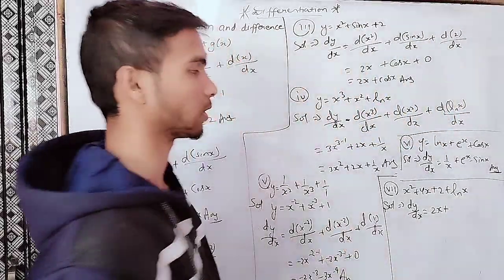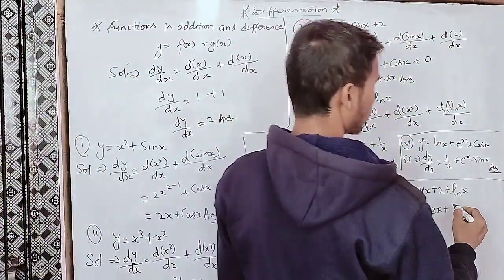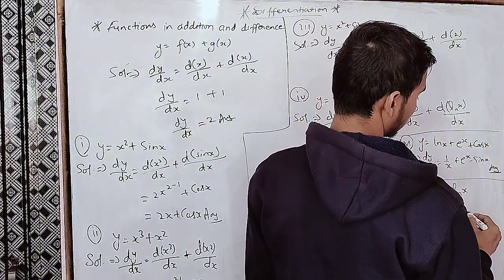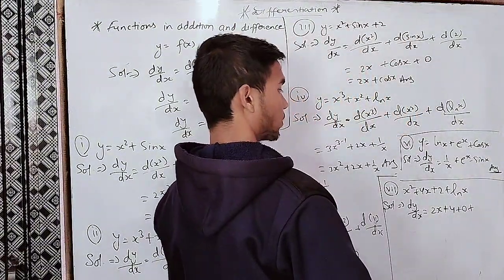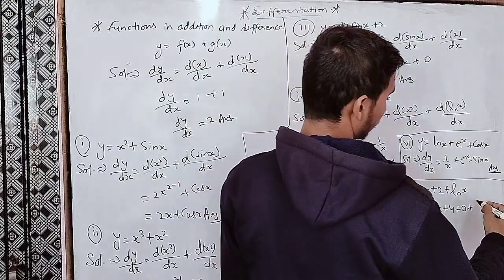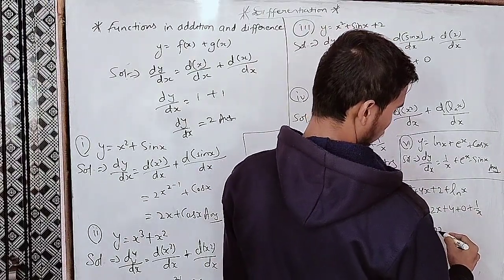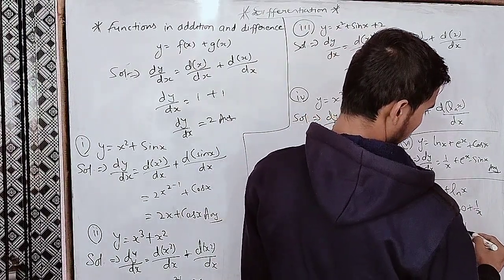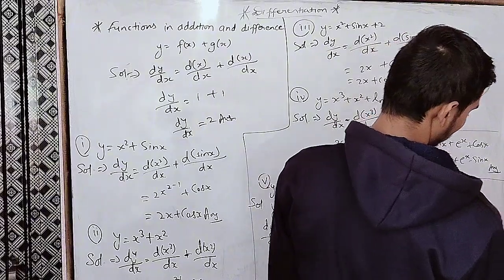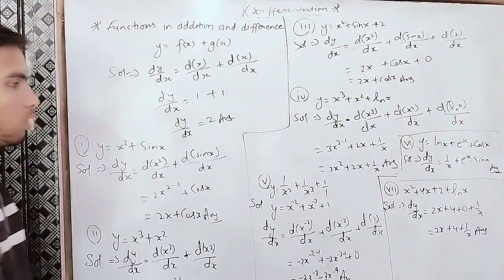Then the differentiation of 4x is only 4. Then 0. Then the differentiation of ln x will be 1 by x. 2x plus 4 plus 1 by x. This is the answer.